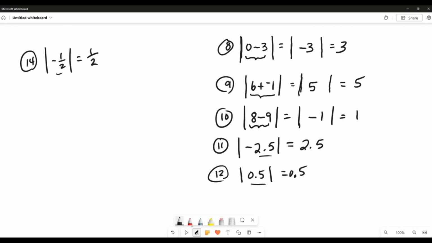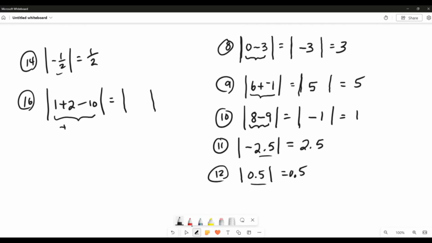Okay, but now look what happens when we get to number 16. Number 16, we have 1 plus 2 minus 10. Whoa. Well, we still have to clean up what's inside the absolute value bars first. All of that has to be added, subtracted, multiplied, divided together first. And so 1 plus 2 minus 10 is how much? +1, +2, and -10.